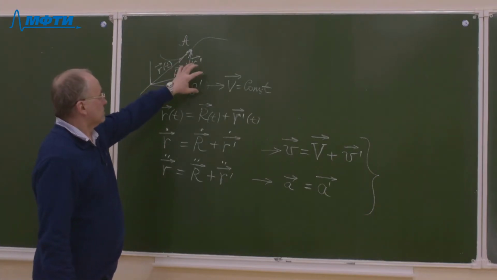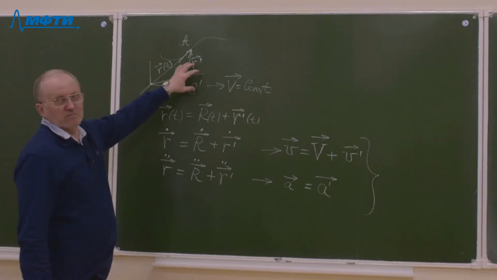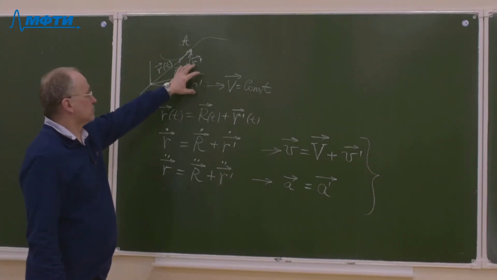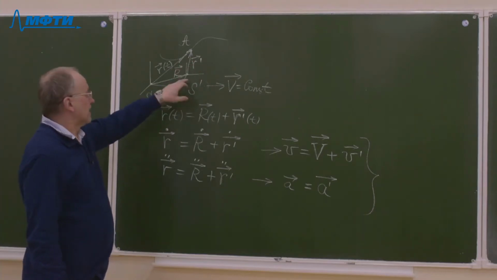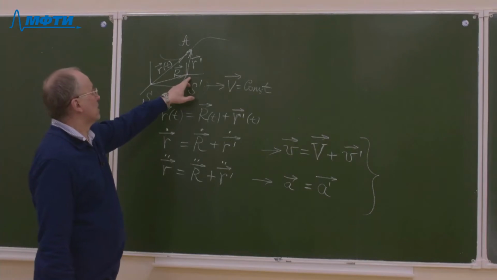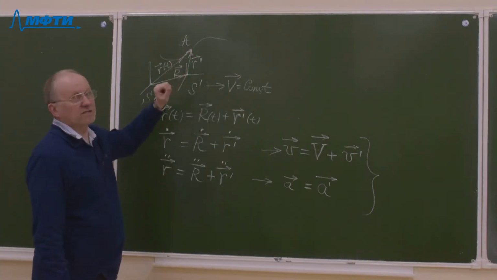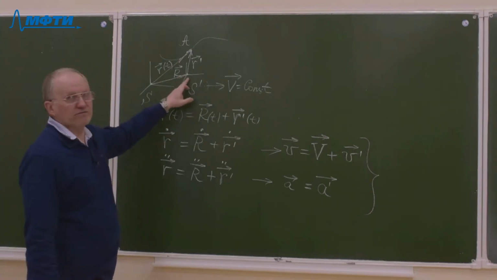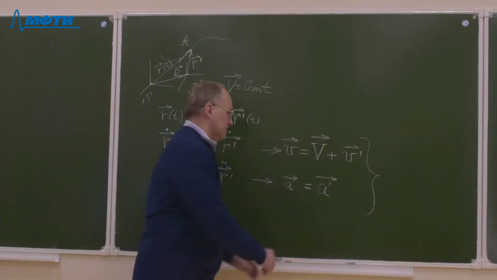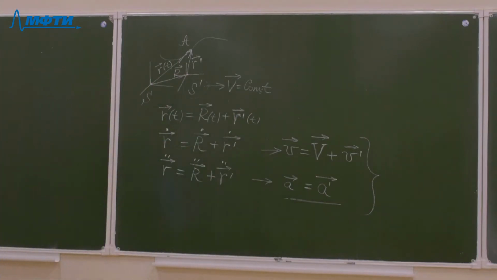He is attached to this solid body, to this motor vehicle, or to this train, or to this airplane which moves with some velocity. So another observer can also see point A and can measure its acceleration in another reference frame. But the accelerations will be the same if both reference frames are inertial.